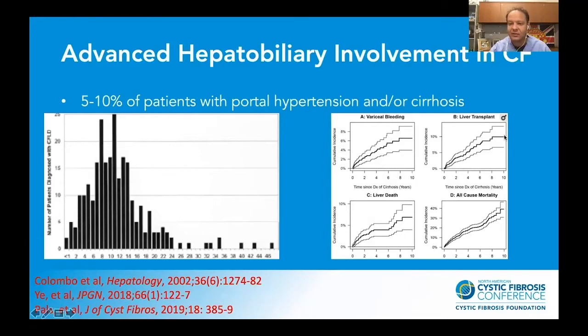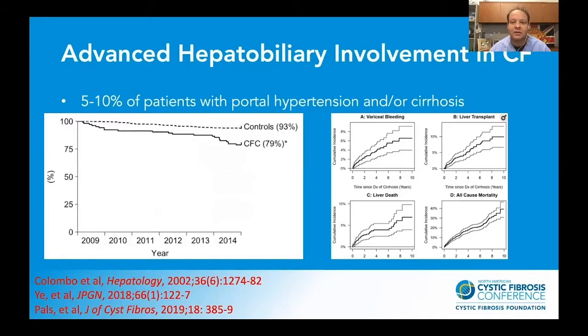Around 6 to 7% went on to needing liver transplant within that 10-year period. Death from liver disease was again around 6%, but I think the most important and striking thing is if you look at the estimated cumulative incidence of all-cause mortality, it reached nearly 40% in that 10 years after the diagnosis of cirrhosis.